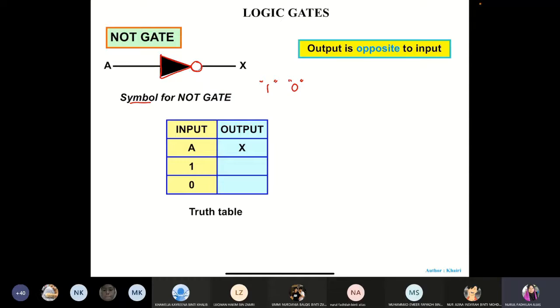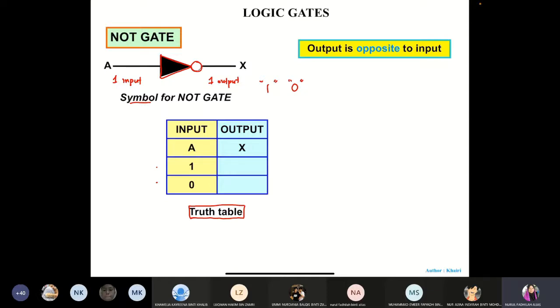So now, since we have only 1 input, output pun only 1. Therefore, this is our truth table. So our truth table has only 2 rows. Why? Because there are only 2 possibilities for the input.